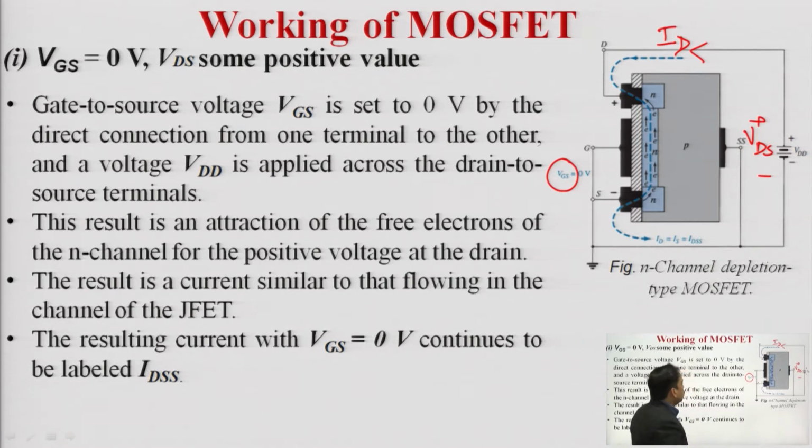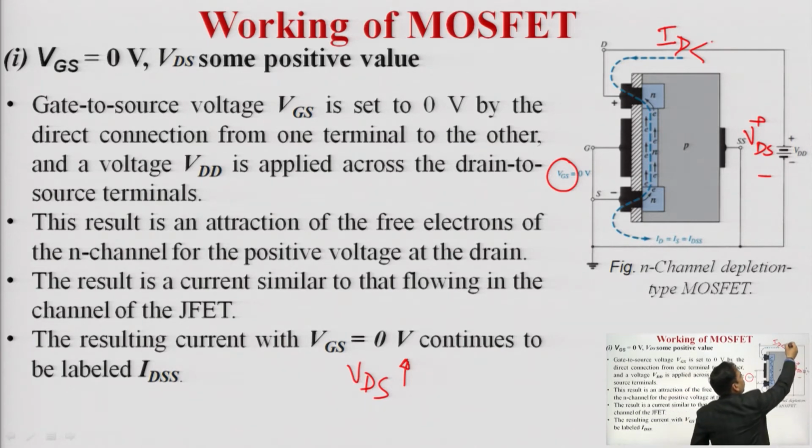So, when gate to source voltage is 0 and we are increasing VDS, as VDS increases, this terminal will become more positive. So, it will attract more electrons in the upward direction. In this way the electrons are attracted in this particular direction, and as a result there is a flow of current in the opposite direction, which is called the drain current.